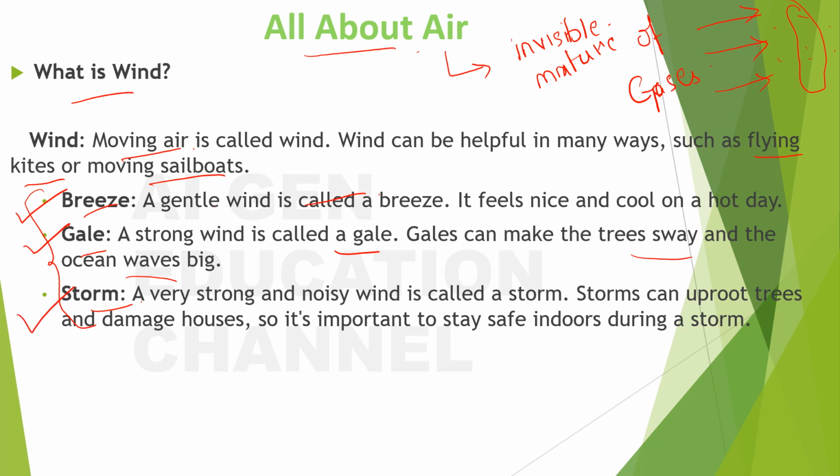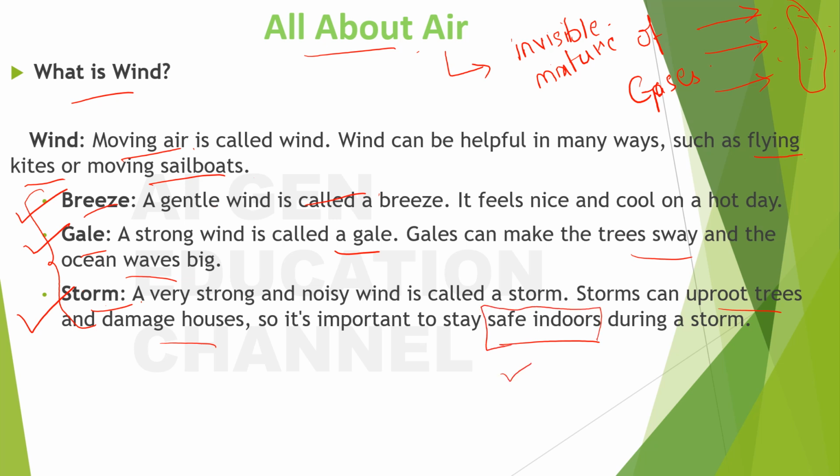What is a storm? A very strong and noisy wind is called a storm. It will be very strong and noisy, and you feel like, oh God, there is impending danger coming. At that time you can feel it's a storm. A storm can uproot trees and damage houses, so it's important to stay safe indoors. There are some safety things that you should always check.